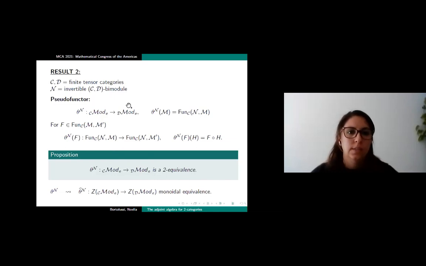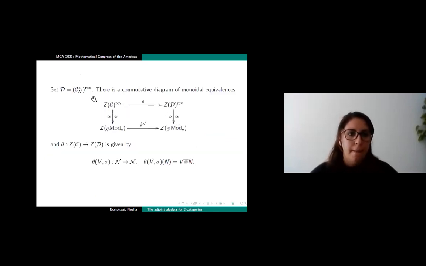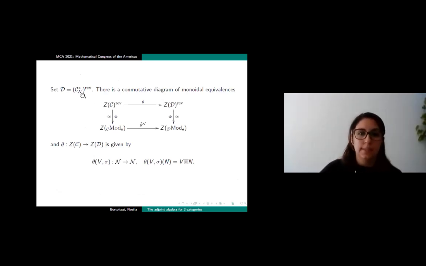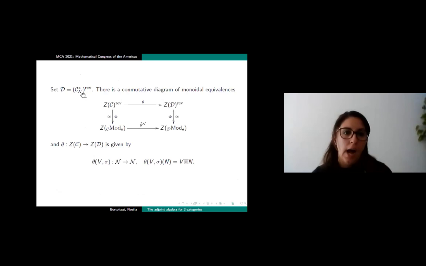Now take a particular tensor category D, take D equal to this dual category. And if we do that, we have a commutative diagram of monoidal equivalences as follows.